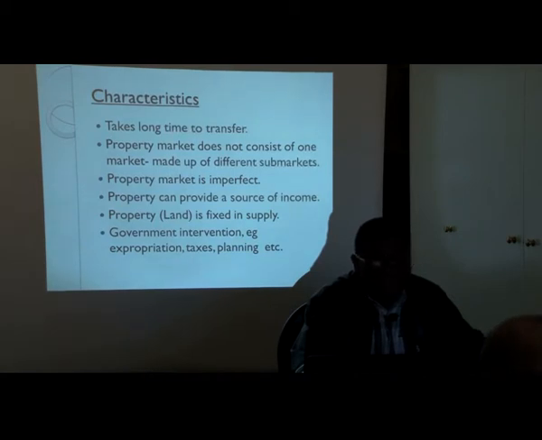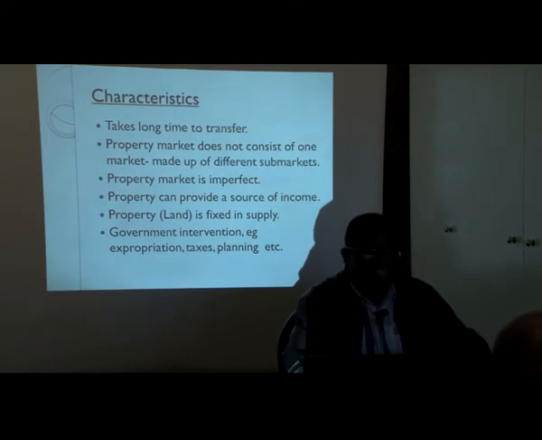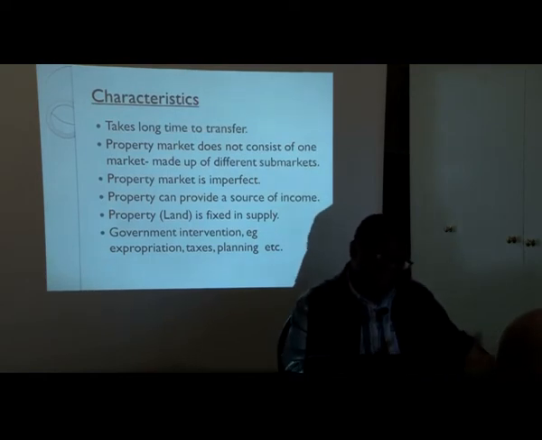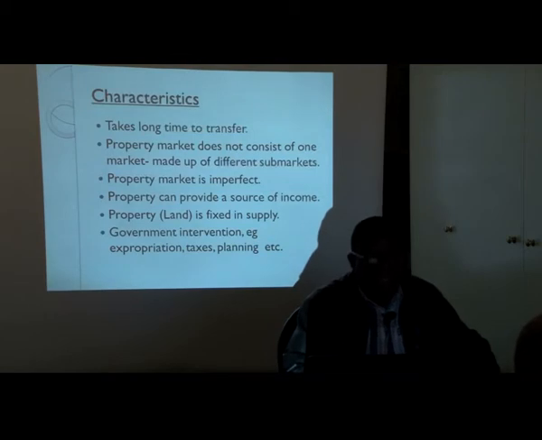So that's the reason why in a perfect market, all commodities are exactly the same, and that's why the prices are the same. So in an imperfect market, which is the exact opposite of a perfect market, all commodities are different. That is just one characteristic. So please, I want you to go and revise the perfect and imperfect market.